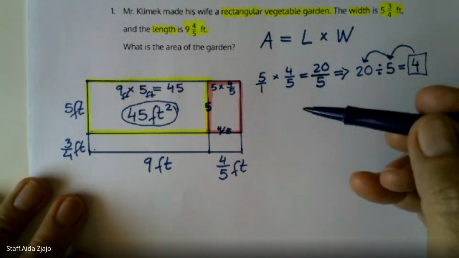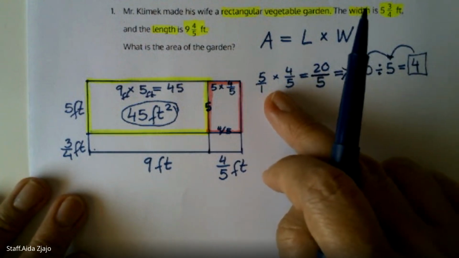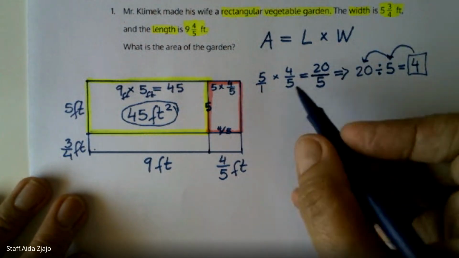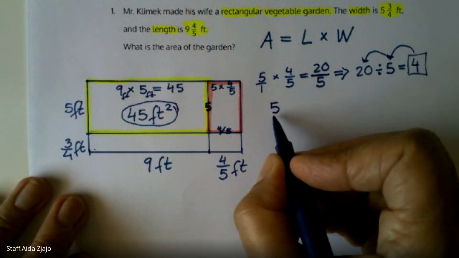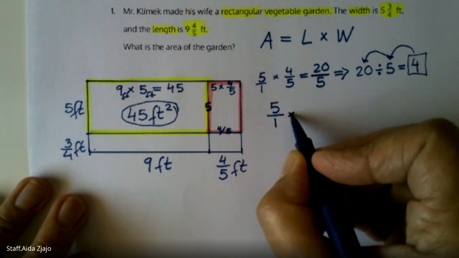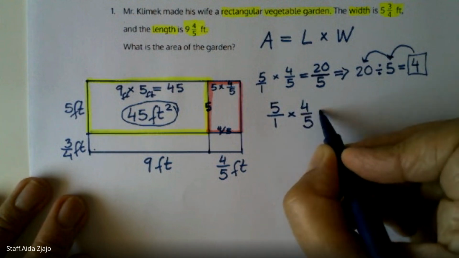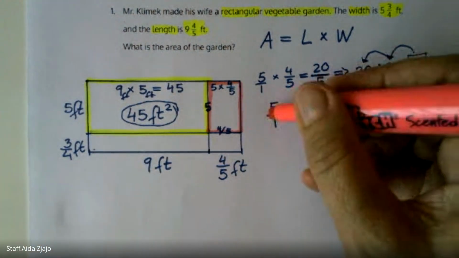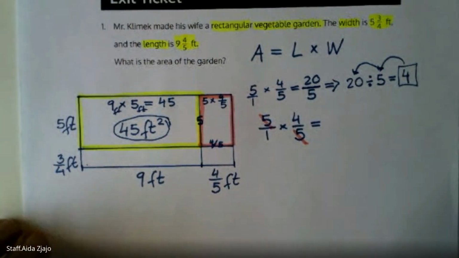Another way is to do the simplification right there in the fraction. If I have 5 over 1 times 4/5, I can simplify 5 and 5, because 5 divided by 5 is 1.